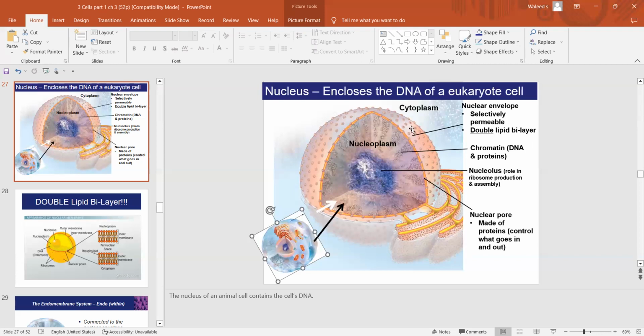We said that we have pores, and these pores are tiny, small pores that allow only small things to go in and out, not the DNA. The DNA is too big. The DNA, as compared to these pores, is like a truck compared to the door of your house.